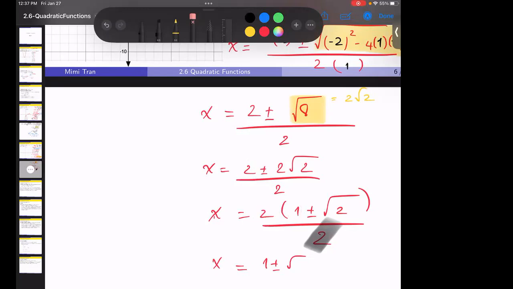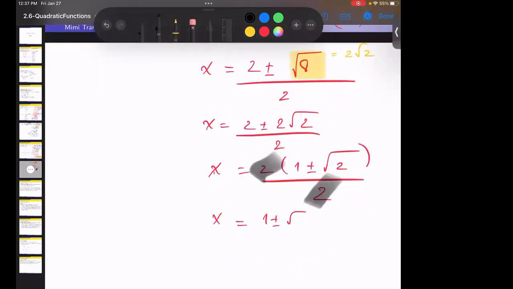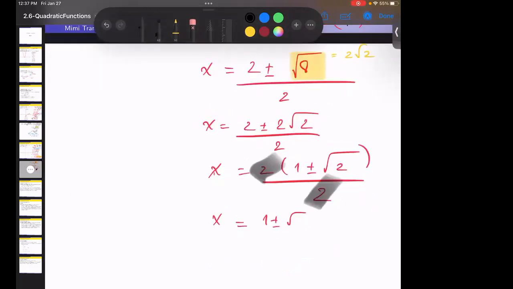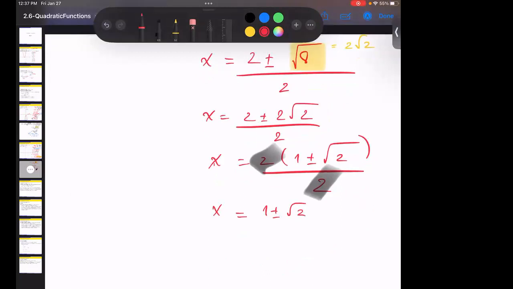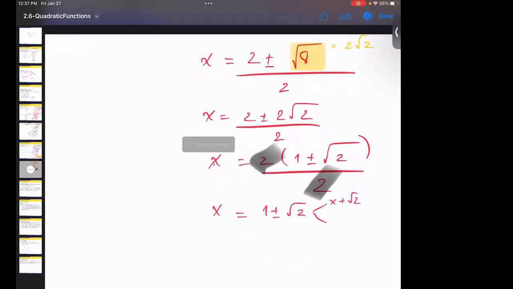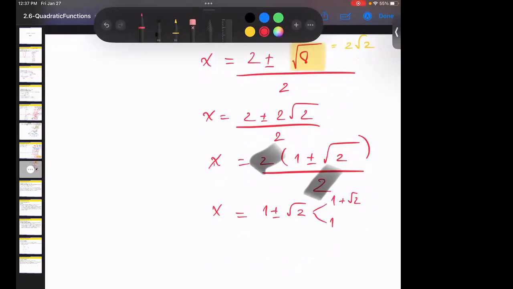Yeah, I got it. Thanks. Let's approximate this. So either you have 1 plus √2 or 1 minus √2. √2 is roughly 1.4, right?